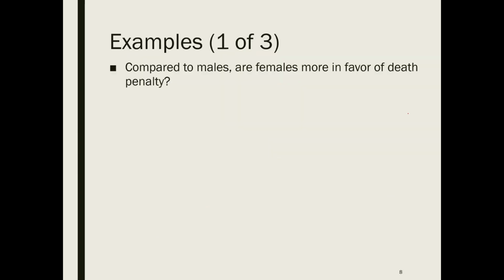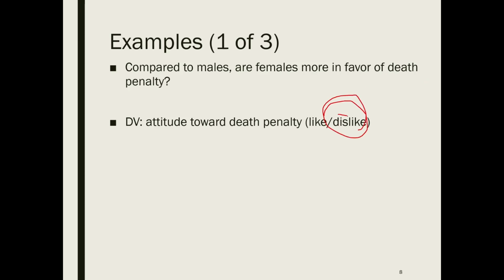Okay, so some examples, like here: compared to males, are females more in favor of the death penalty? So the dependent variable will be attitude toward the death penalty, and we measure this attitude as like and dislike. You can see this looks like a categorical variable, right? Like, dislike, it's a categorical variable. The independent variable will be gender, male and female.